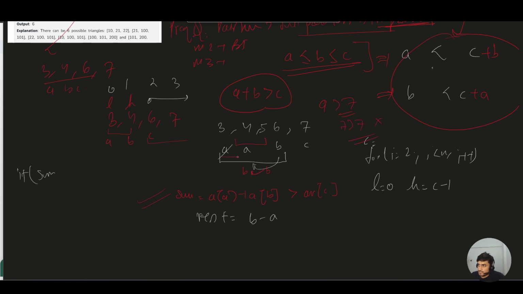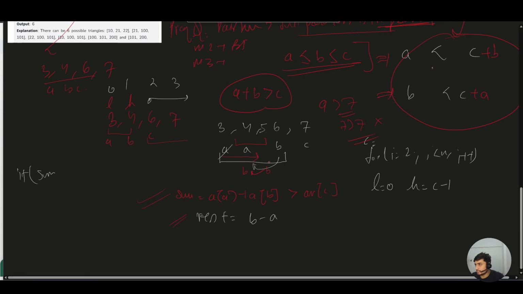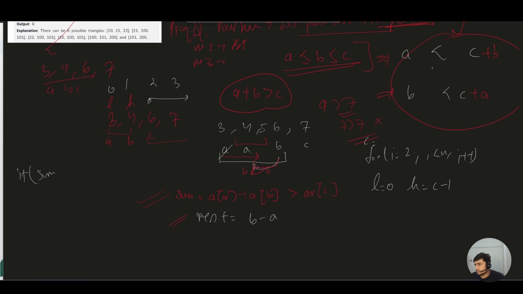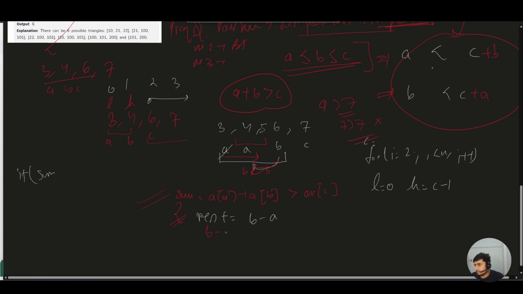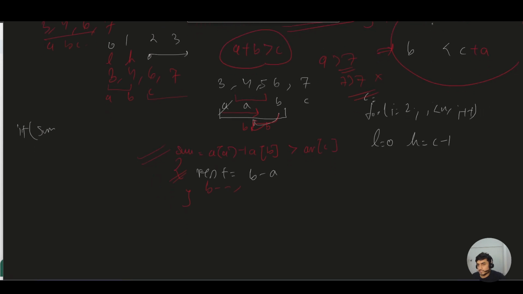So if we move A towards it, that is the reason we got the resultant answer as B minus A. But if we do B minus minus for all such available potential pairs, then we cannot guarantee that, right? So in that case, have your result and do a B minus minus, right? Correct.